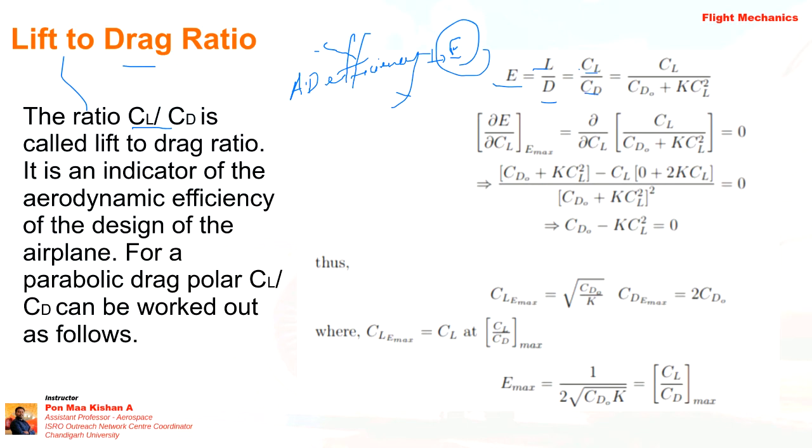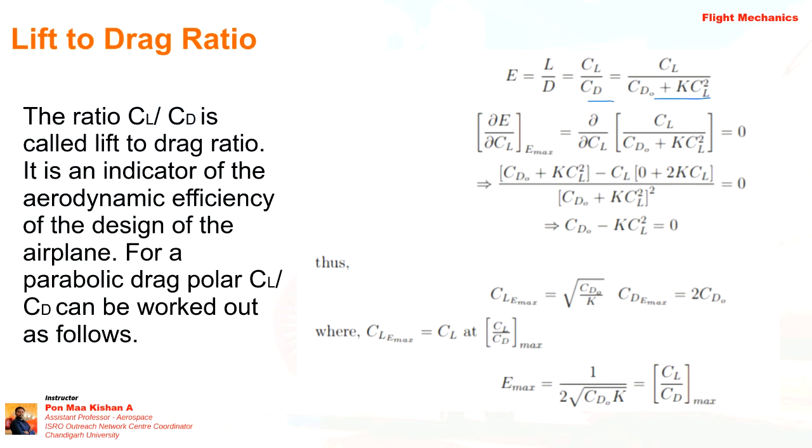Whereas CD, we know from the drag polar, is CD naught plus KCL square. So instead of CD, we can write CD naught plus KCL square.